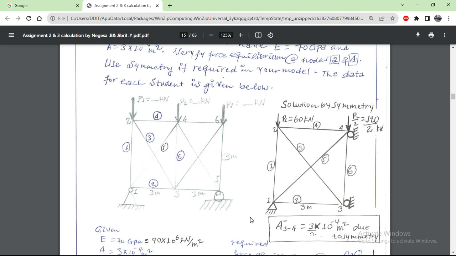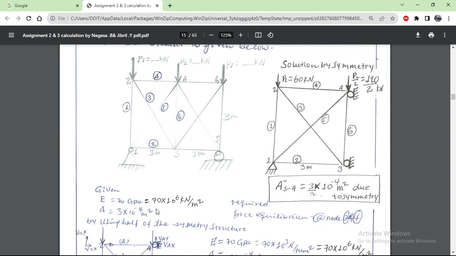For the section between 3 and 4, which has symmetric form, we divide the area by 2. By the symmetry rule, the area is half of the first one, so divided by 2.